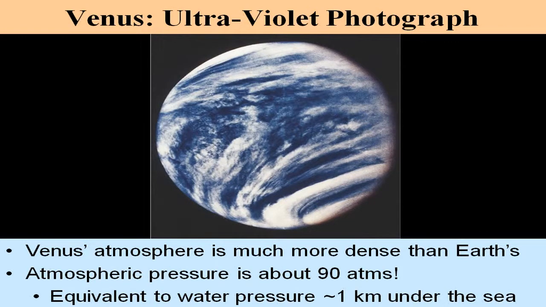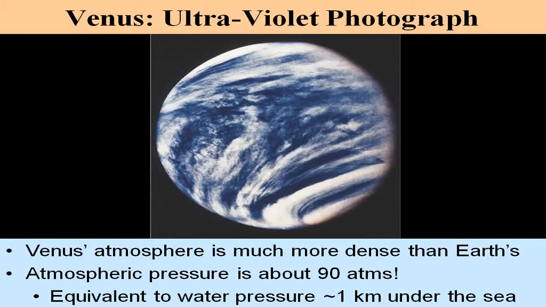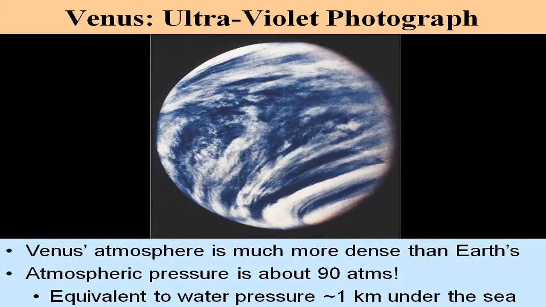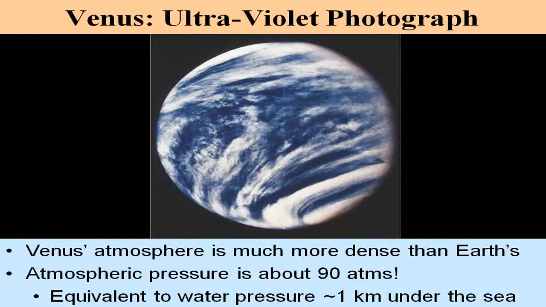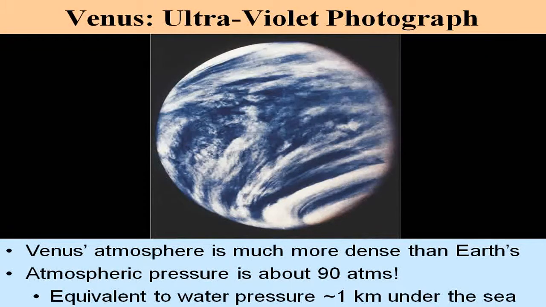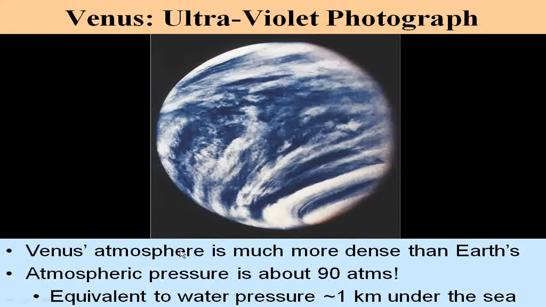But if you suddenly felt 90 times more air pressure, so instead of 15 pounds, more than 1,000 pounds per square inch, you would be crushed. So Venus would be inhospitable because you'd be crushed under 90 atmospheres of pressure. Not only is there sulfuric acid coming down, you have this crushing effect of its atmosphere.